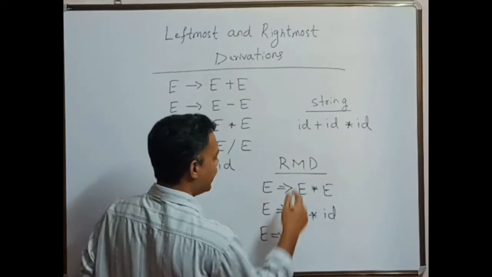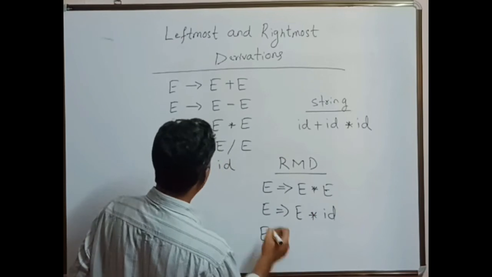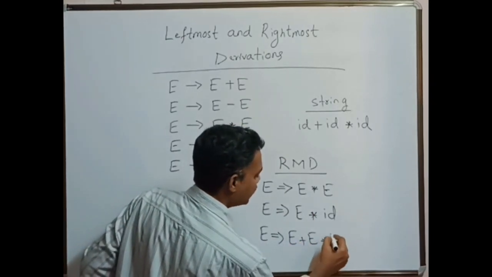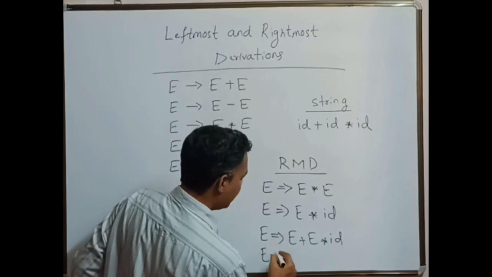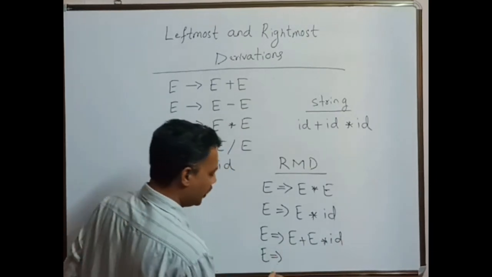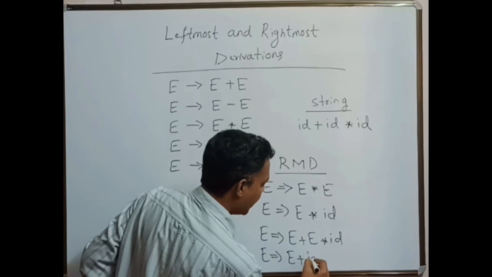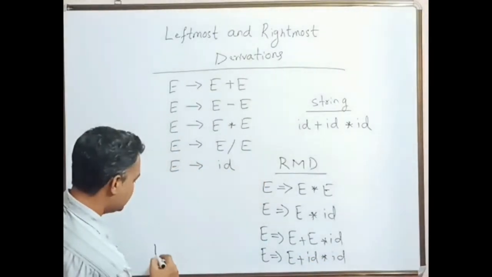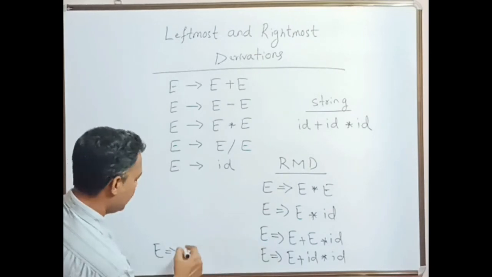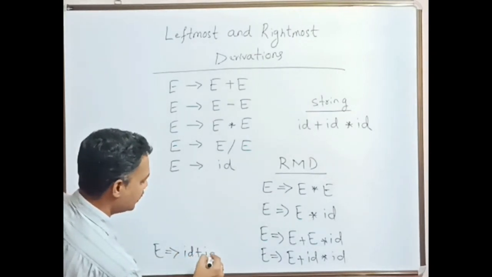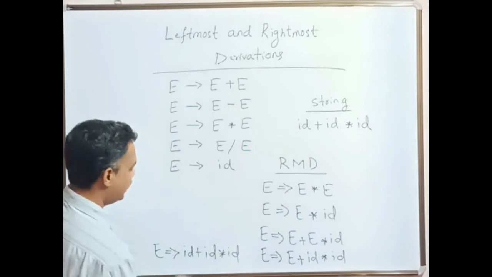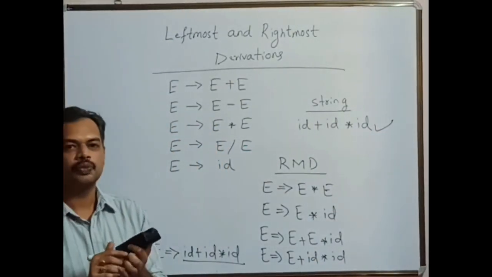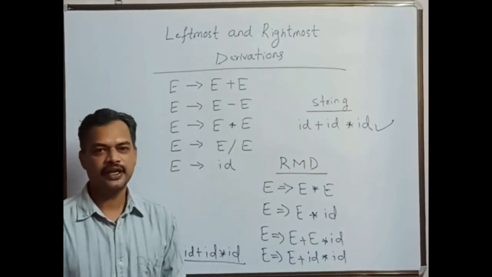Since my target string is ID plus ID, this E can be replaced by the first rule, E plus E star ID. Now once again I have to replace the rightmost variable only. So E plus ID star ID, and finally it is ID plus ID star ID, and we got the string. So hope you understood how to perform leftmost and rightmost derivation. Thank you.